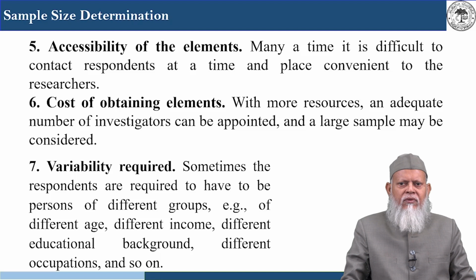A small sample would not be satisfactory, would not suffice, and as many groups as there are in the population, we have to collect data from them. So what happens? This influences the size of the sample.